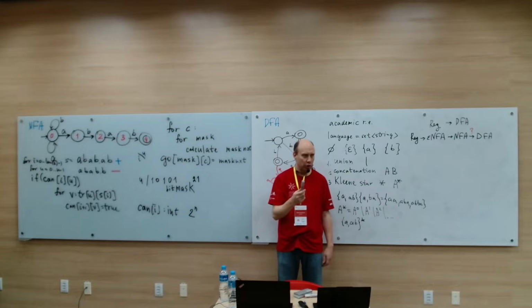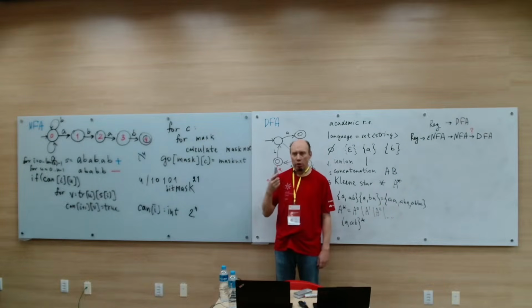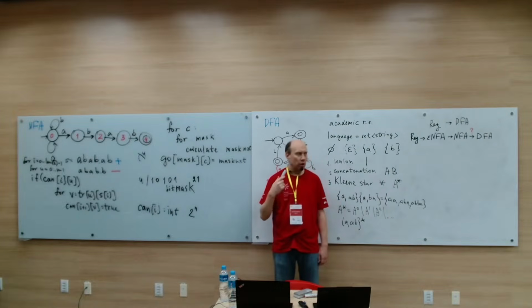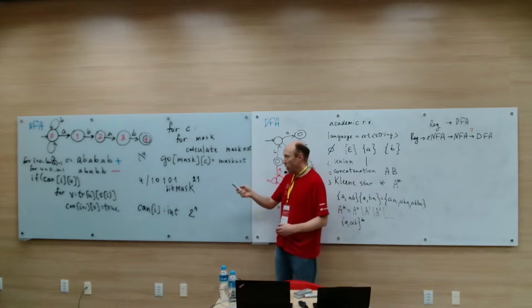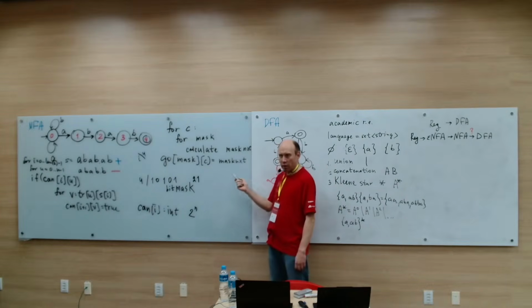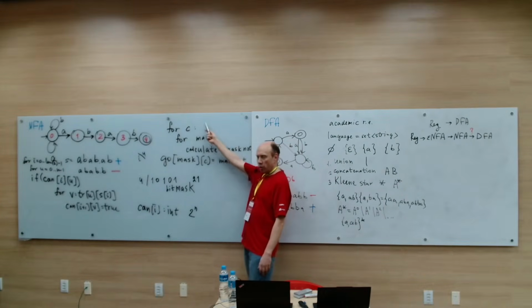And then after each transition we get the new mask that only depends on the character that we are using. So this is actually exactly the DFA with the states being masks, and the transitions calculated with this precalculation.